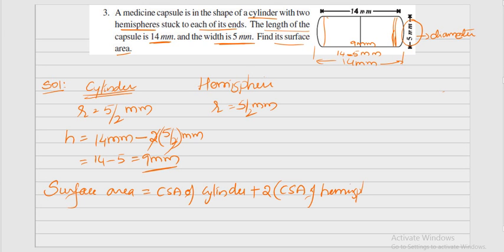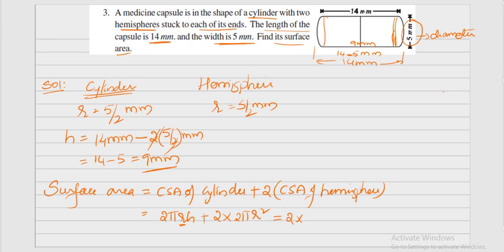CSA of cylinder is 2 pi RH, plus 2 into CSA of hemisphere, which is 2 pi R square. Here he did not mention to take pi as 3.14, so I can directly take it as 22 by 7.